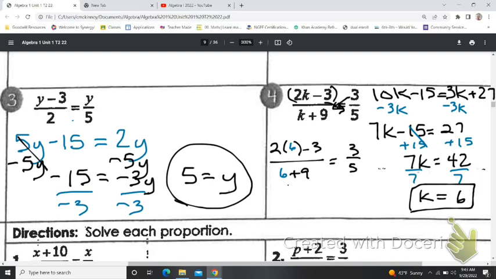So 2 times 6 is 12, 12 minus 3 is 9, 6 plus 9 is 15, and hopefully you recognize that if you reduced 9 over 15 by dividing top and bottom by 3, you would get 3 over 5. Or if you divide both of those fractions on your calculator, they are both equal to 0.6.